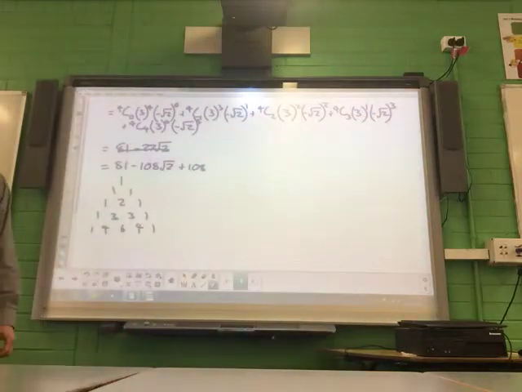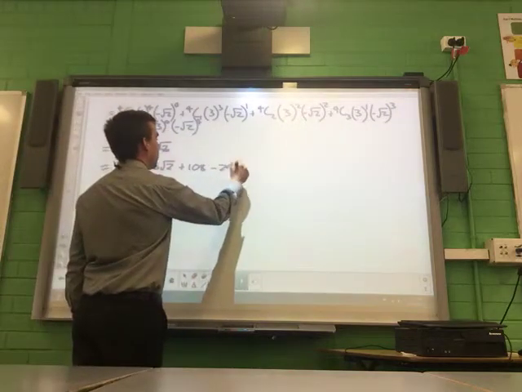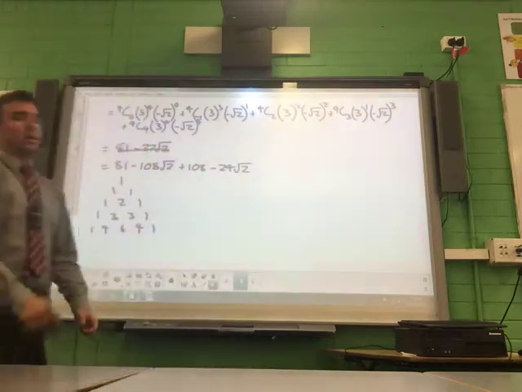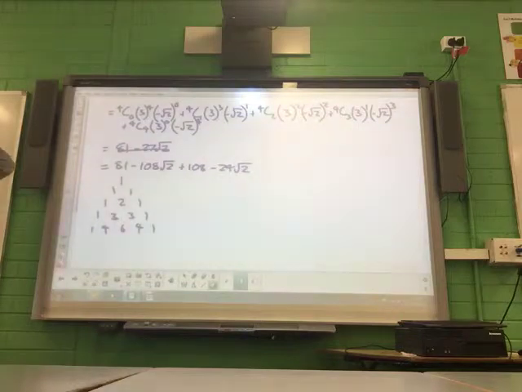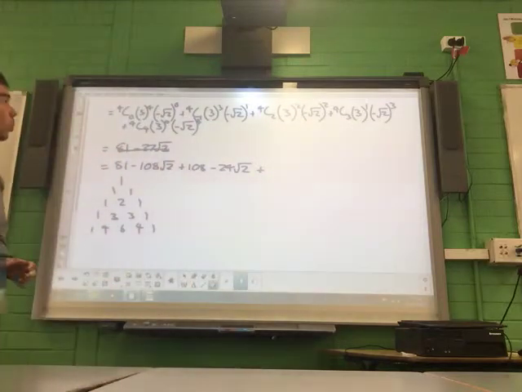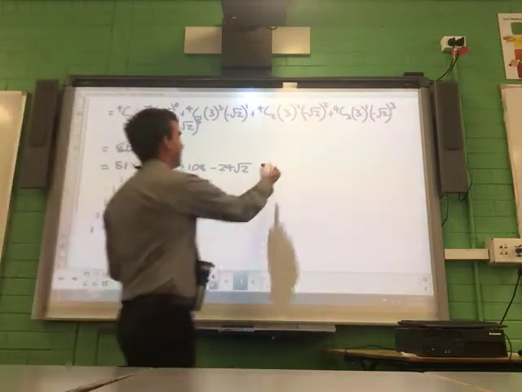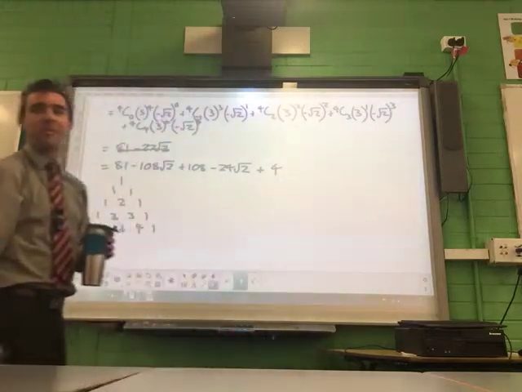What's negative root 2 to the power of 3? Negative 2 root 2. So 12 times negative 2 becomes negative 24 root 2. And 4C4 is 1. 3 to the power of 0 is 1. Negative square root of 2 to the power of 4 is 4. Got there in the end.